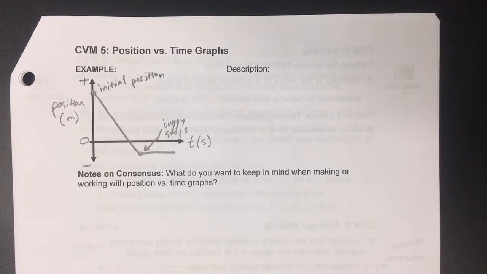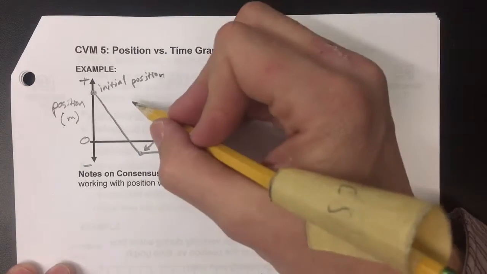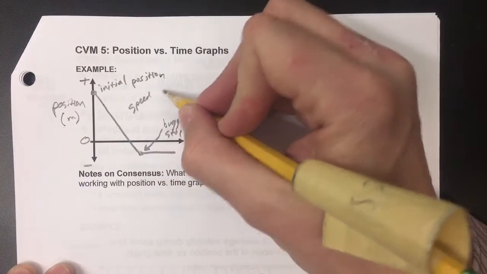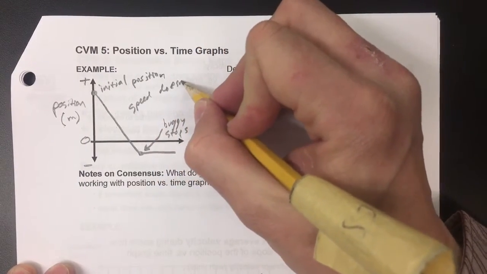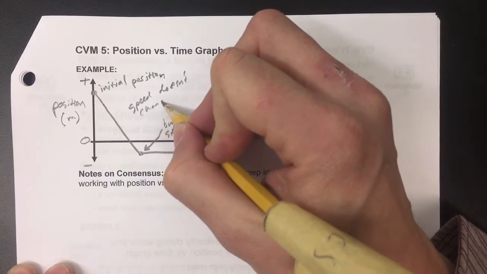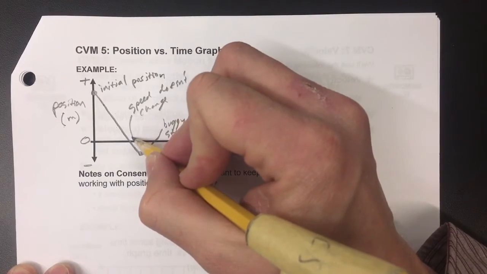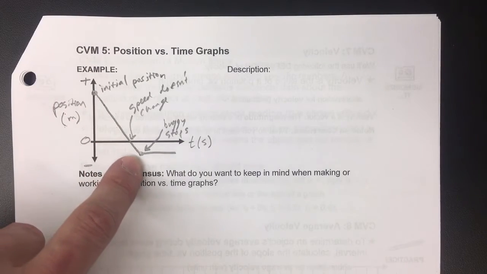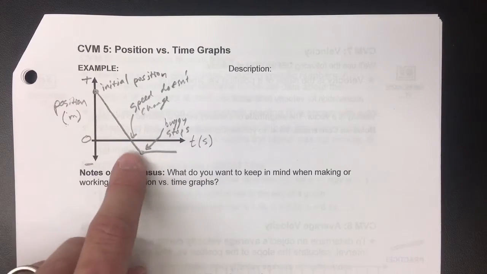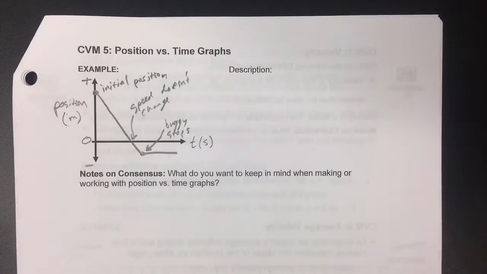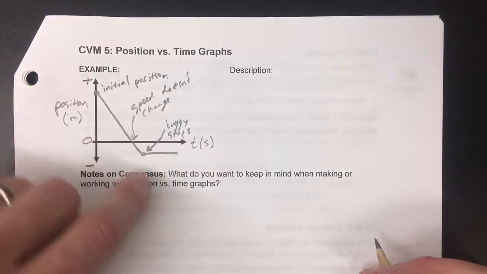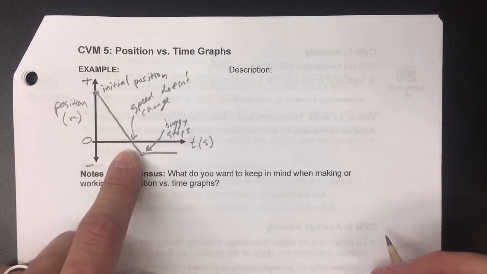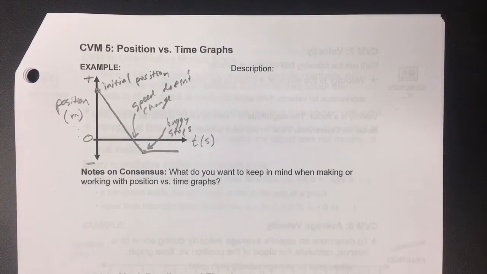Another thing that I want to specify is that the speed doesn't change here. In fact, nothing at all about the buggy's motion changed as it crossed that 0 point. It just kept on moving. We can see that in the graph as a place where the position was 0 for just an instant.